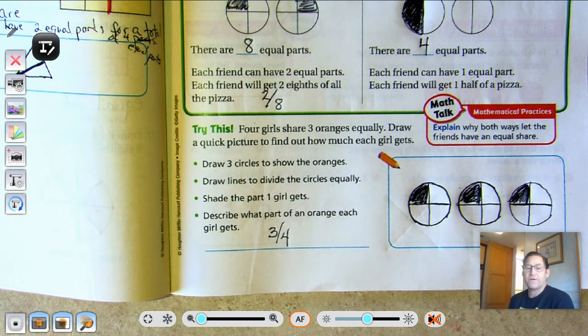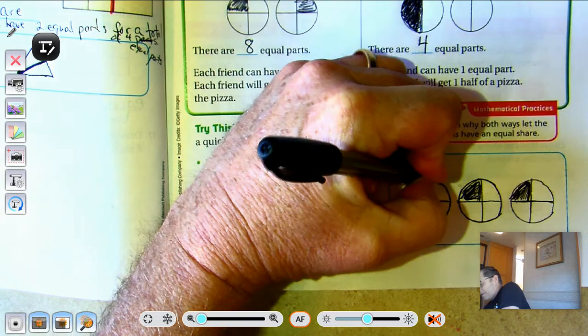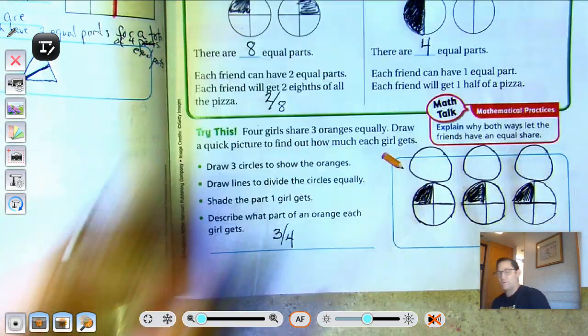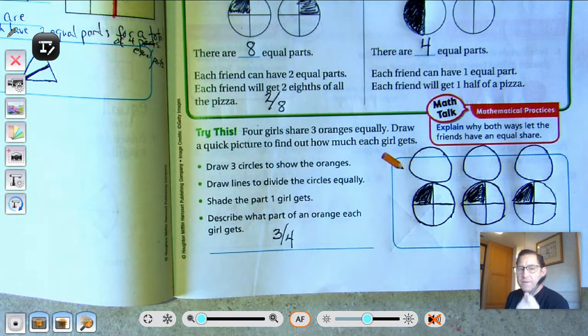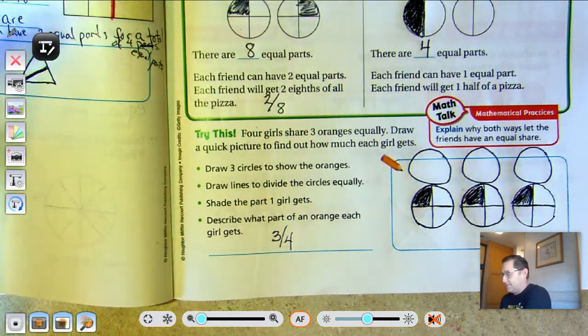Is there another way we could have shown those 3 oranges being shared equally? There is. We could have gone this way. It is a little more difficult, but it would work. So remember in our pizza example, we said 4 people sharing 2 pizzas.